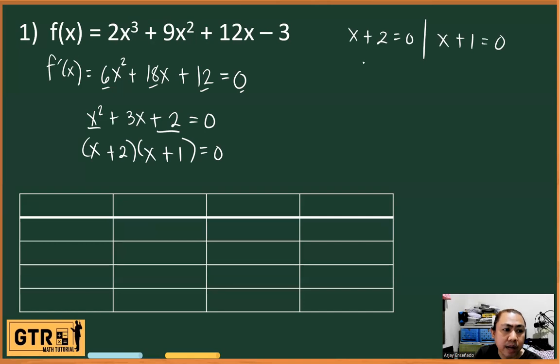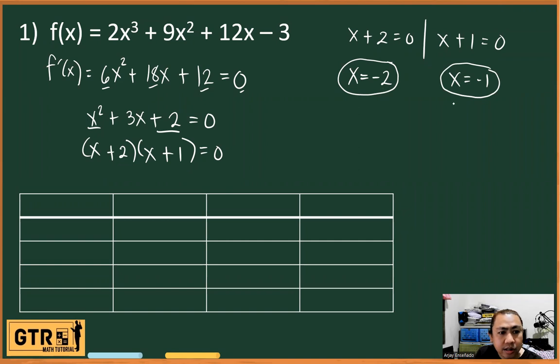Subtract 2 from both sides. Therefore, the critical numbers are x equals negative 2 and, subtracting 1 from both sides, x equals negative 1. These are the boundaries for the subintervals. So let's make a table.